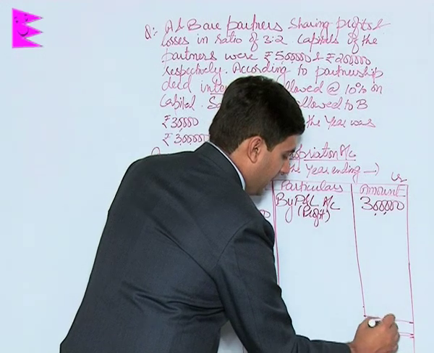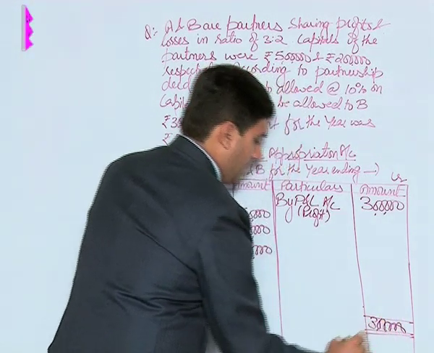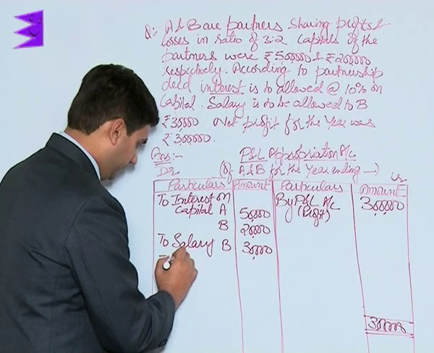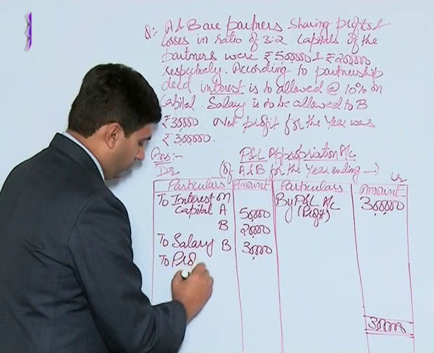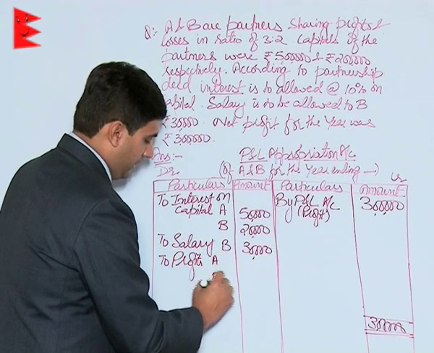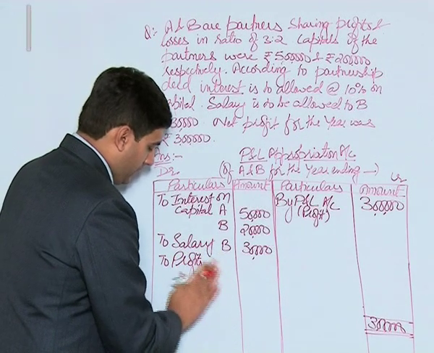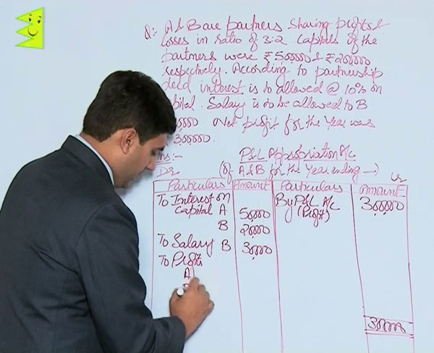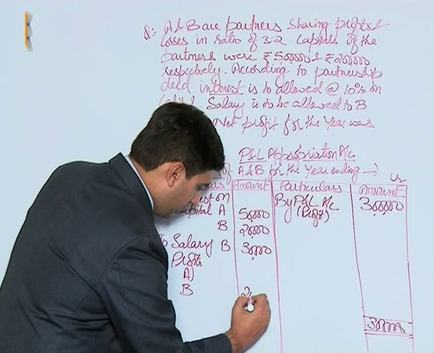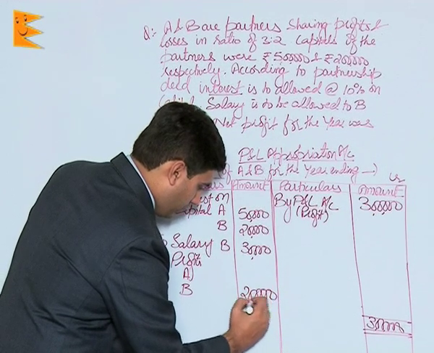This total is 3 lakh. Out of 3 lakh, we will subtract the total of this side, which is 1 lakh. To profits, A and B. We will mention it in the details column, A and B. 3 lakh minus 1 lakh, total profits are 2 lakh.